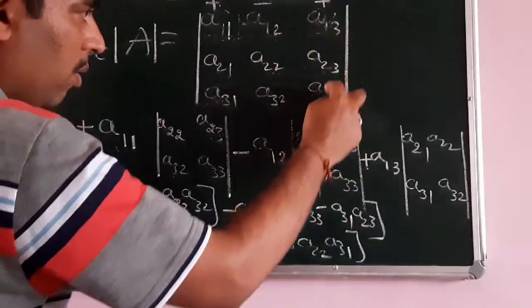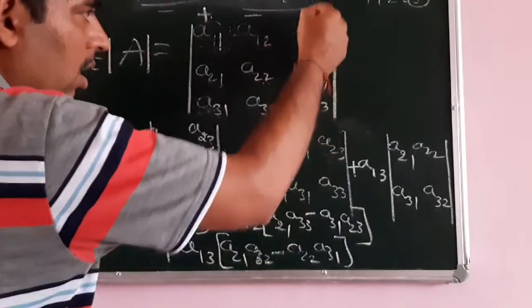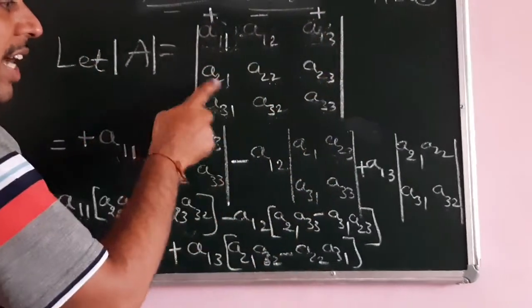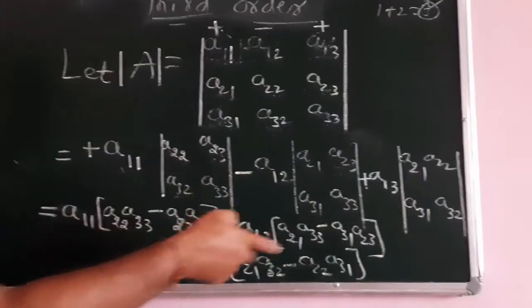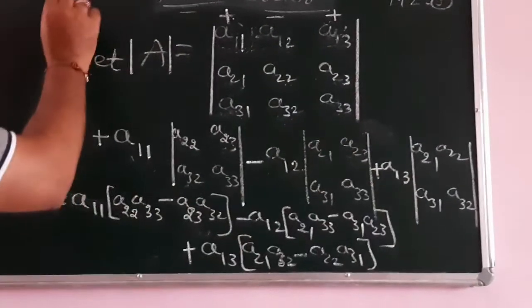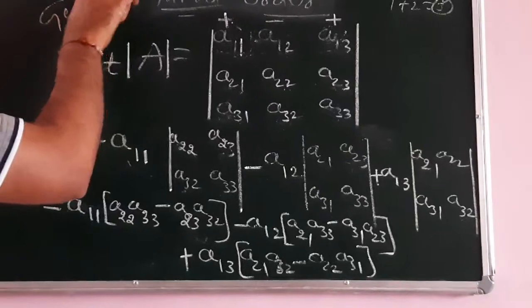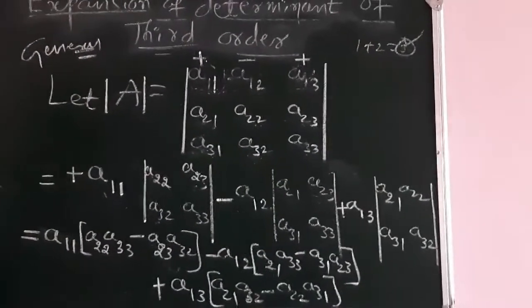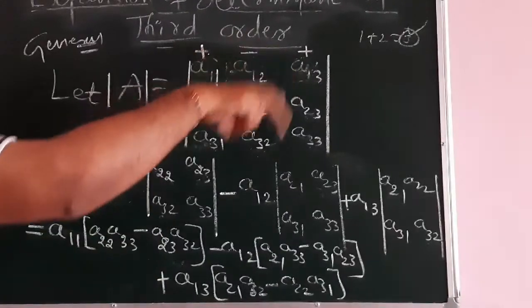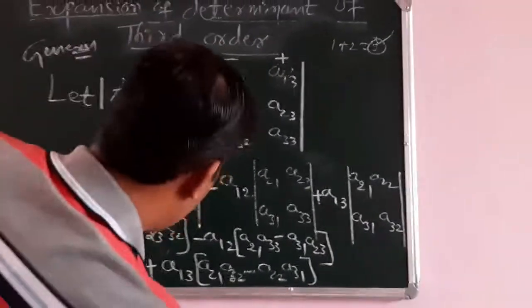Similarly for the last one, a13, you delete its column and row and write a21, a22, a31, a32. Then you multiply and get the expansion. So this is the general expansion of the third order determinant, and you can change the elements also.